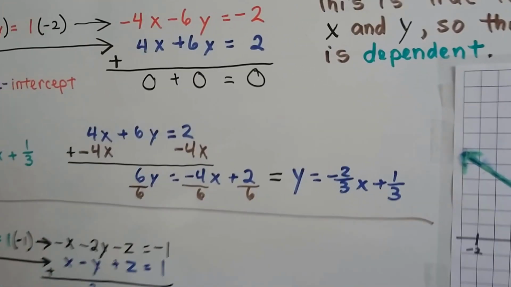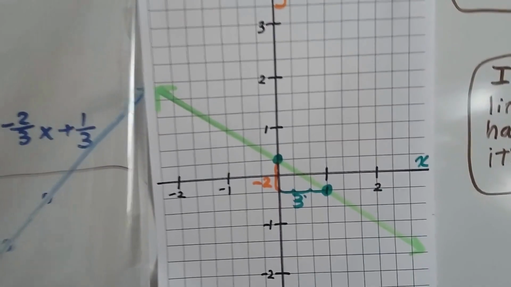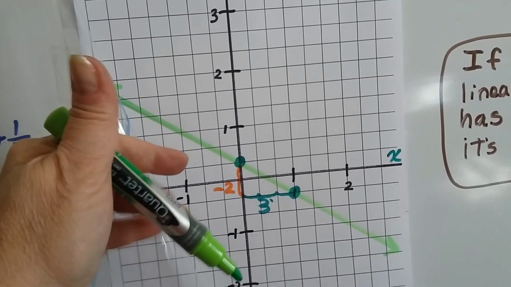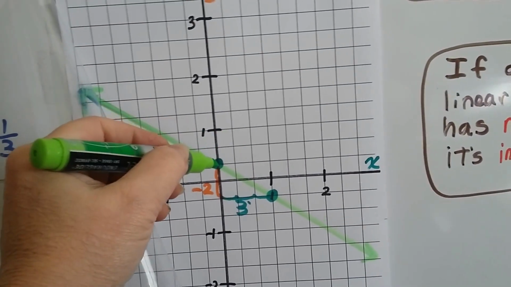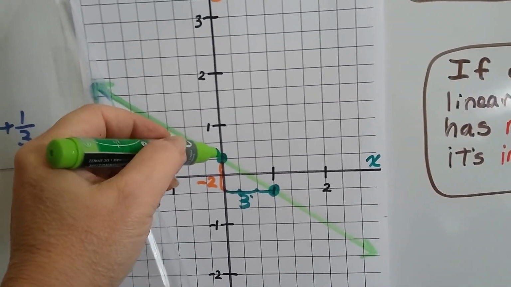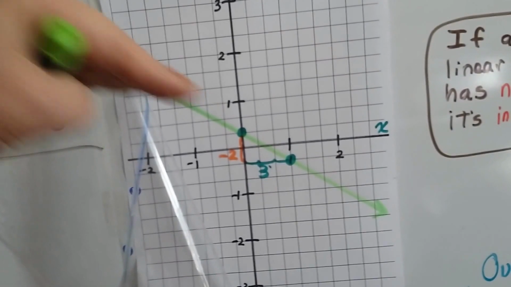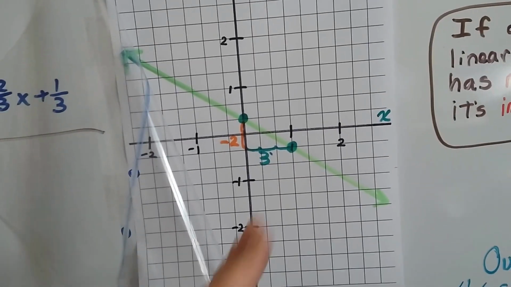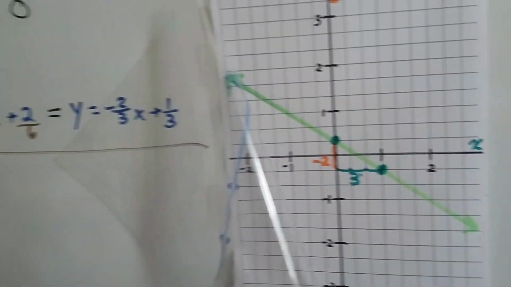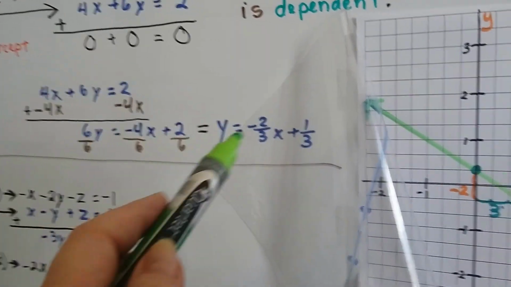When we go to graph these, when we graph the green one, it hits the y-intercept at a positive 1/3, and it's got a -2/3 slope. So we know if it's a negative slope, it's going to fall to the right. When it's a positive slope, it rises to the right. So these both have a -2/3 slope.